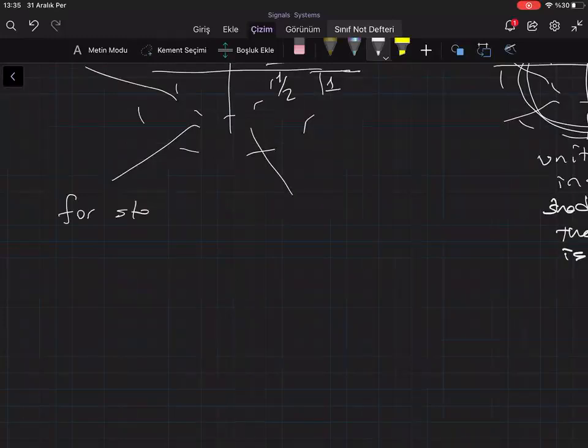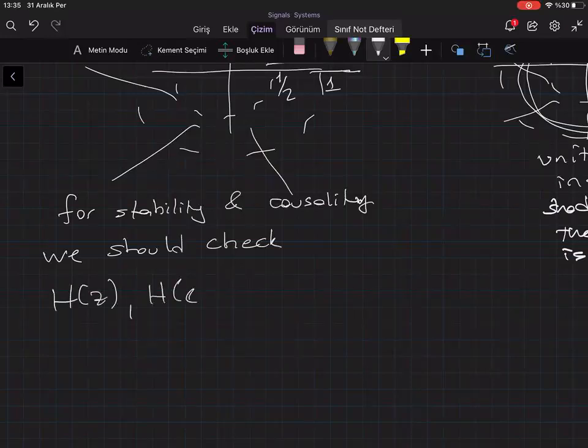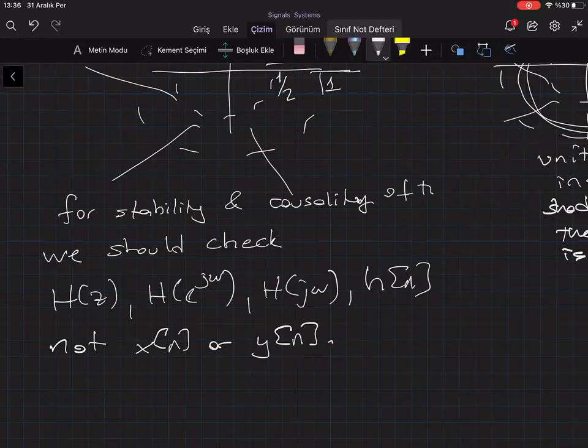For stability and causality, we should check h of z, or in Fourier transform, h e to the j omega, or h j omega, and h of n, not x of n or y of n. Okay? Because we are checking the stability or causality of the system, not the input and the output.